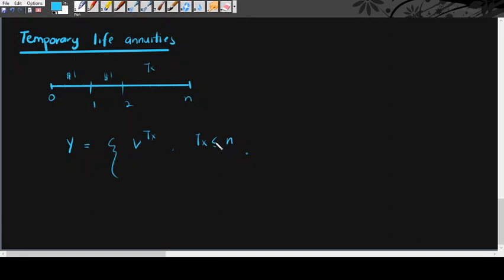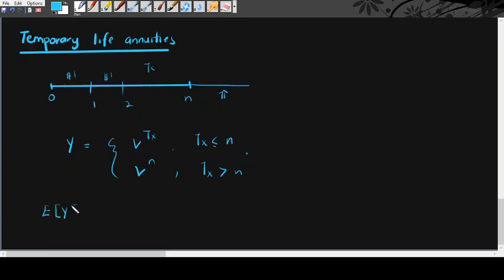But if it is after n years, somewhere here, that means the person has already survived this n period, so the insurance company already paid the person up until the n period. So it will be fixed for n. So this would be the present value of the random variable.